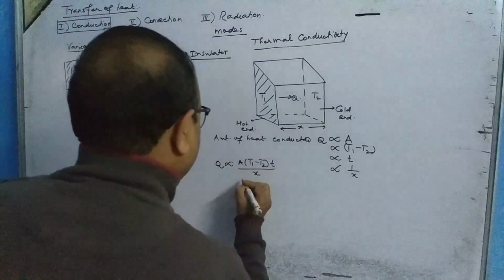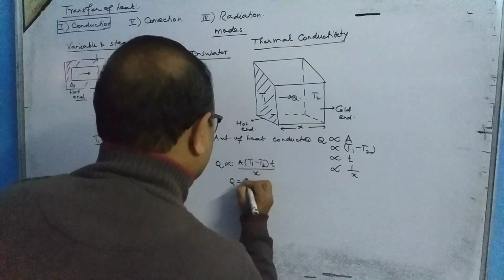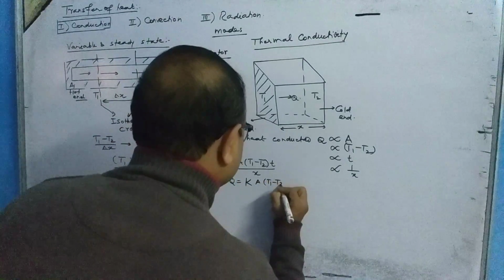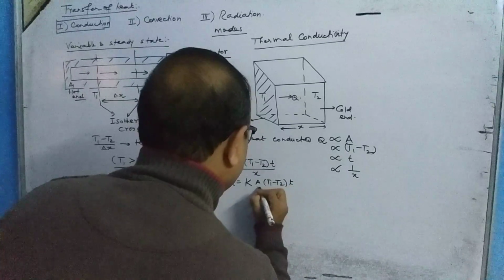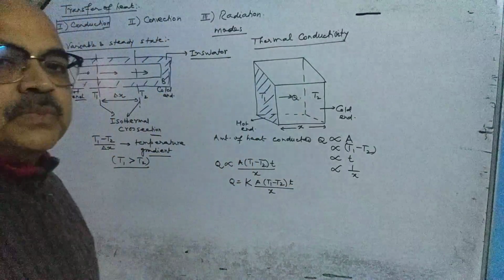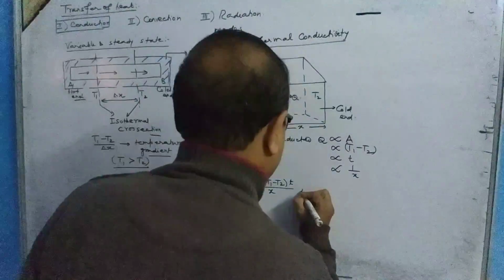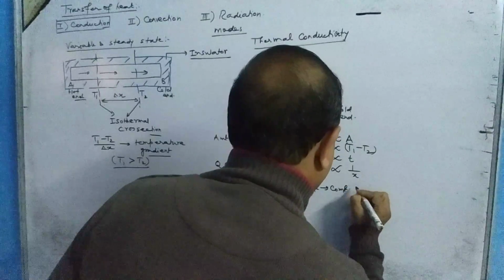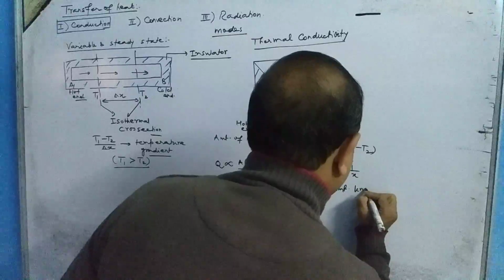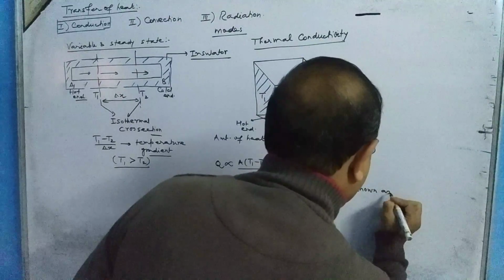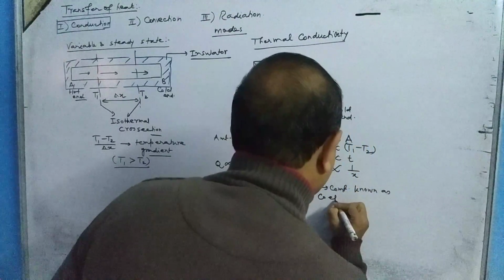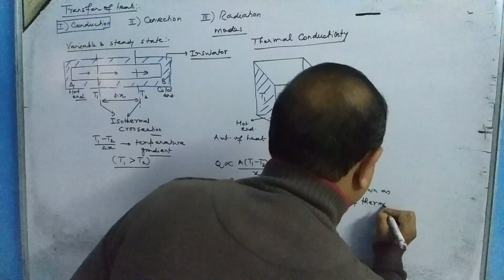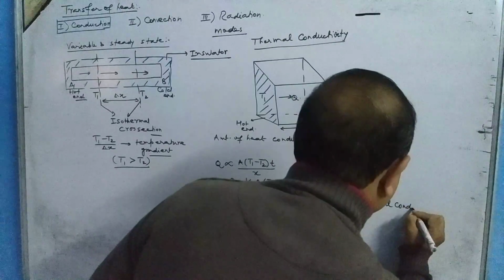Or we can say Q is equal to capital K into A into T1 minus T2 into small t by x, where K is a constant known as the coefficient of thermal conductivity.